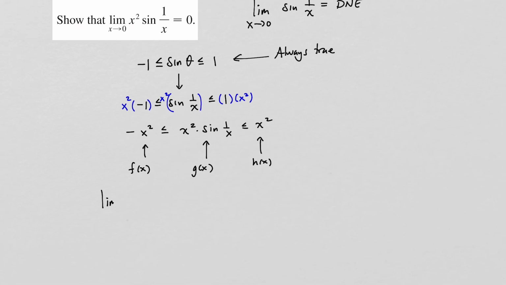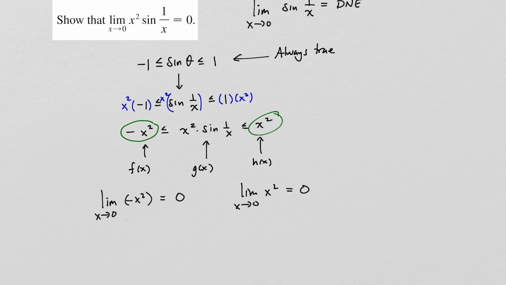But what is the limit as x approaches 0 of -x squared? Well, we know that it's 0. And what is the limit as x approaches 0 of +x squared? This is also 0. So this function is going to 0 as x approaches 0, and this function is going to 0 as x approaches 0.